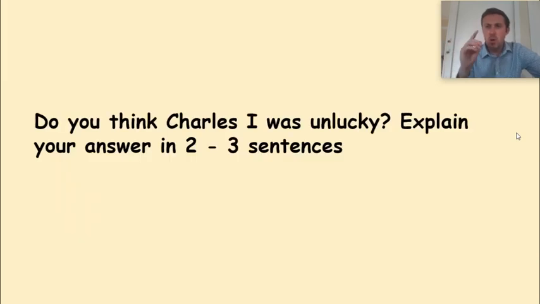So overall, have a think to yourself. Do you think Charles I was unlucky? Then what I'd like you to do is explain your answer in 2 to 3 sentences in your book. So if the teacher could pause the video now for, I would say, 3 minutes and then explain your answer. Do you think Charles I was unlucky?